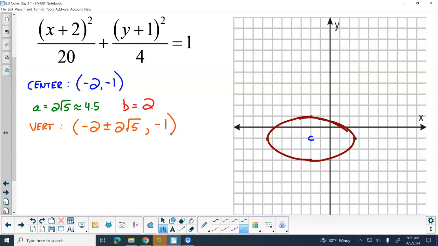Foci then. So c squared is the absolute value of 20 minus 4. 20 minus 4 is 16. The absolute value of 16 is 16. So c then is 4. So left and right 4 puts me there.